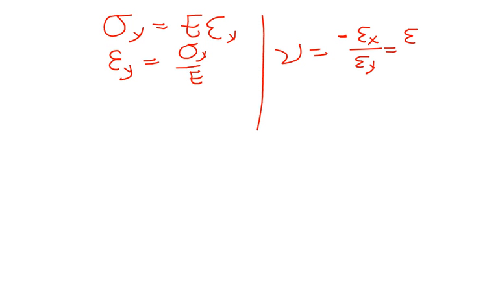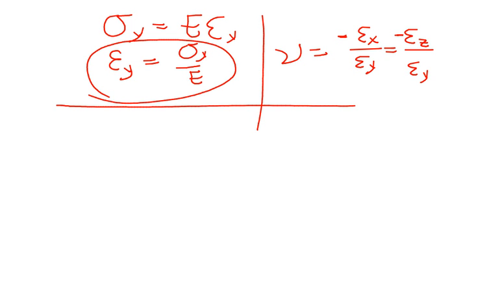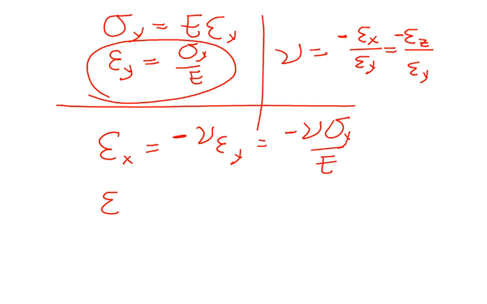It's also equal to negative of epsilon z over epsilon y, because y is now my axial direction. Correct? So I have epsilon y, and that means applying Poisson's ratio to epsilon x, I get epsilon x is negative nu epsilon y. That's negative nu sigma y over E. Likewise, epsilon z is equal to negative nu epsilon y, negative nu sigma y over E.